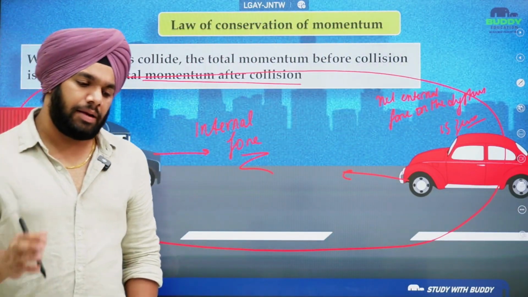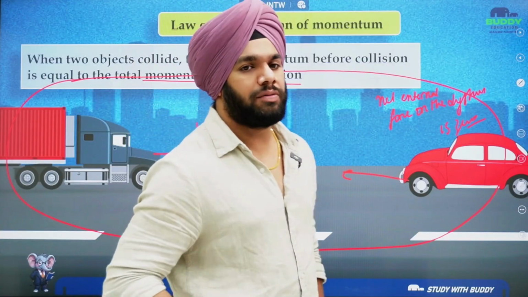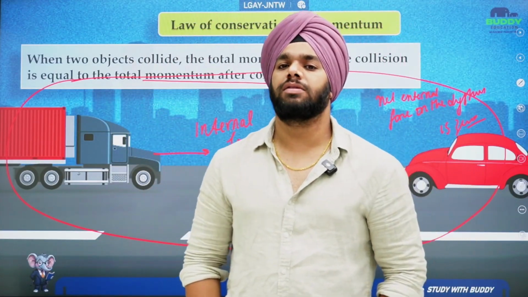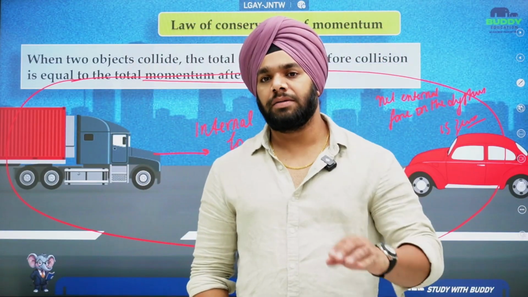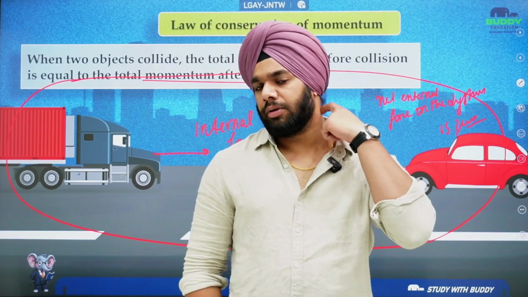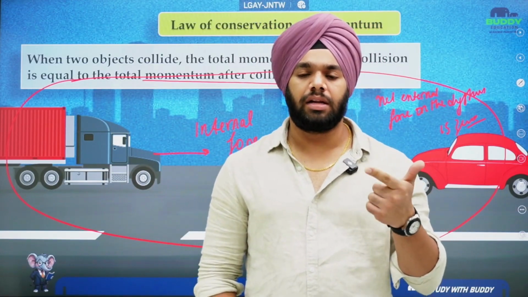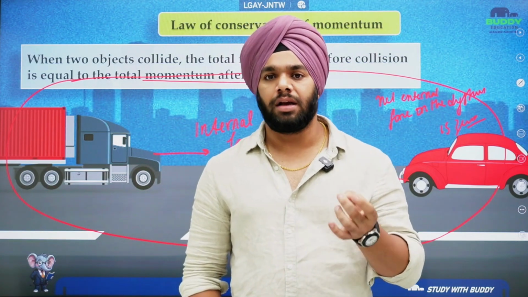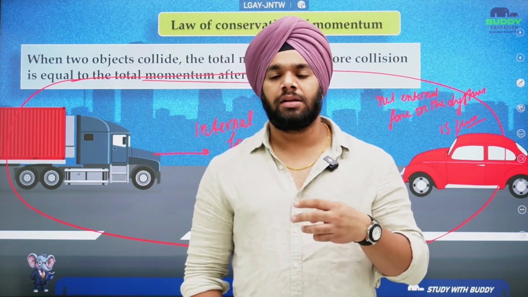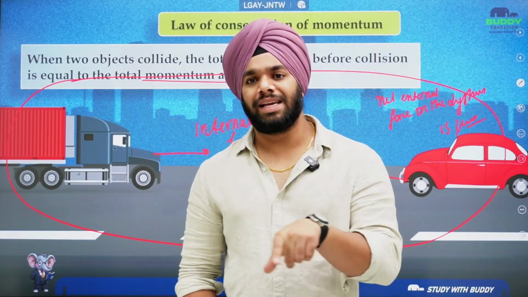Okay, now I know in class 9 this is not very easy to understand, what kind of system we take. But any type of question that you get, a horse and ground, bullet and gun, truck and car, they are all in the same system.